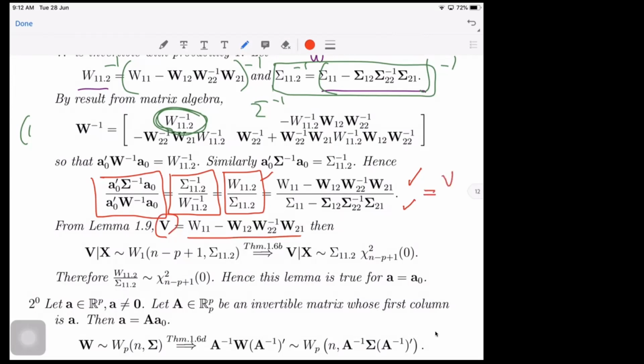So this is actually your V. And then if you condition it on X, according to that important lemma, it becomes Wishart. So that is by theorem 1.6b in our notes, but in our notes, that's 17.6b. It's the important lemma.